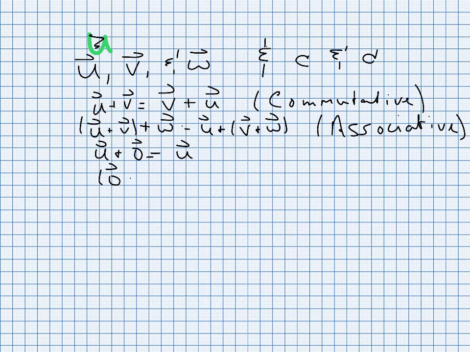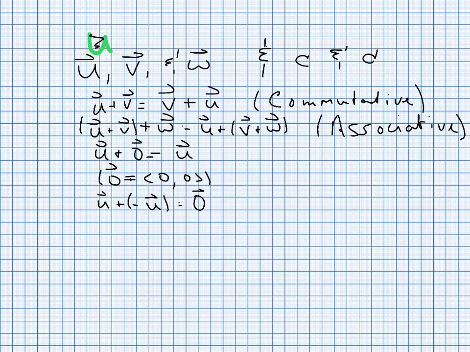The zero vector equals 0, 0. Okay? We also know that u plus the opposite of u, so plus minus u, put that in parentheses here, also equals the zero vector.